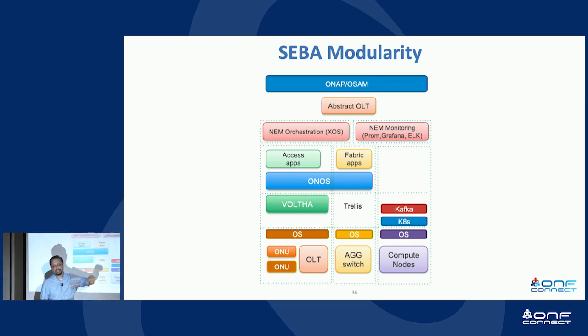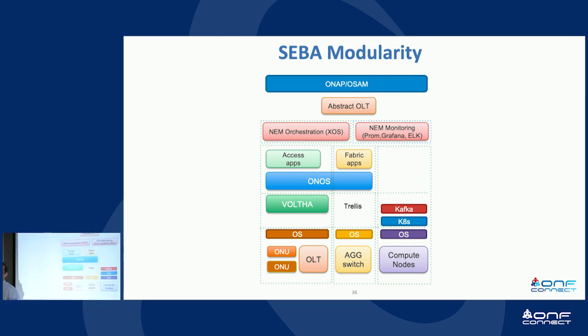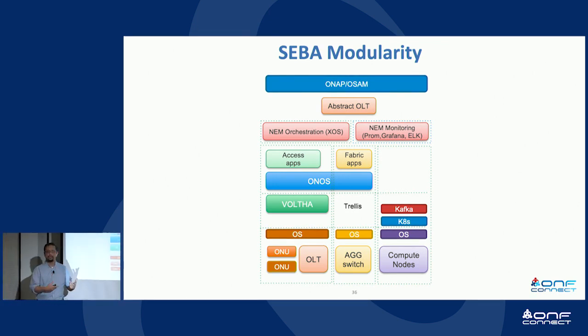And the NEM piece, the monitoring piece, I've also said it's optional, you don't necessarily need to use it. You can take things that are put on the Kafka bus and take them directly, for example, to the operator's backend and have your own monitoring software in there.